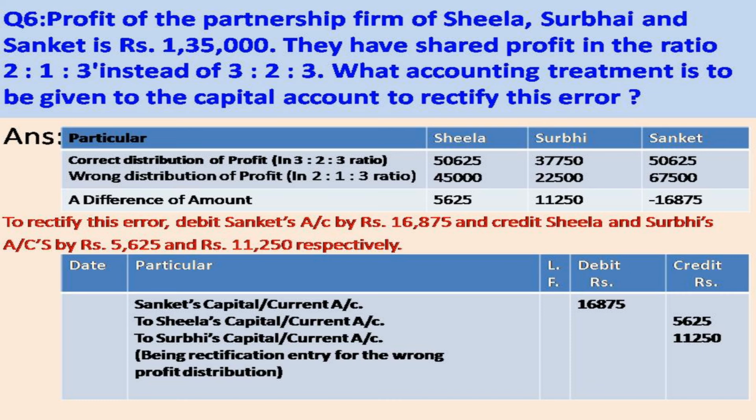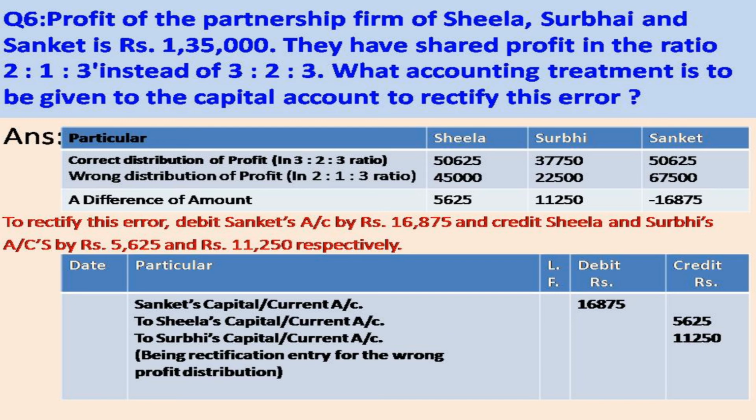Answer. Here correct distribution of a profit is 3:2:3 and so when we distribute this, 3 plus 2 plus 3 means 8 is there. 3/8, 2/8 and 3/8. 1,35,000 distribute then we get the amount 50,625, 37,750 and 50,625 respectively.